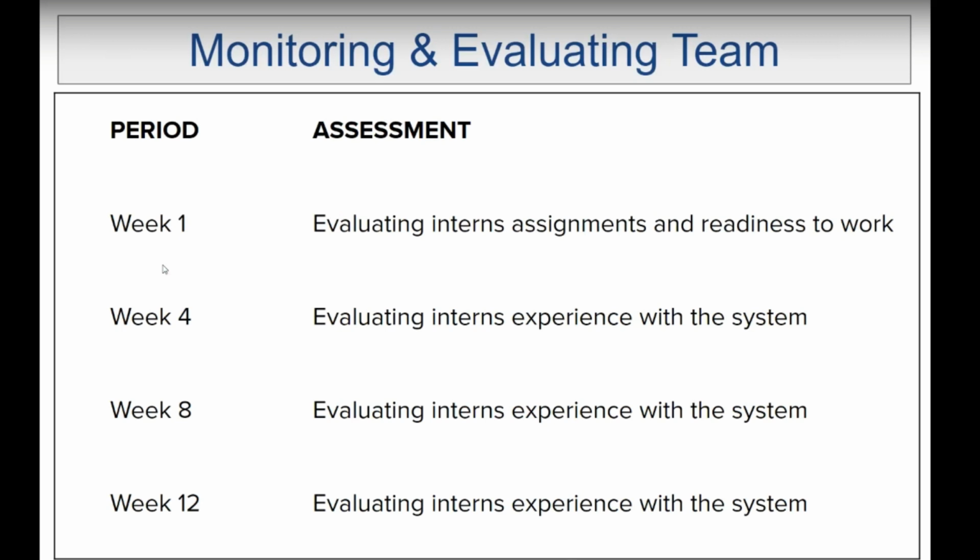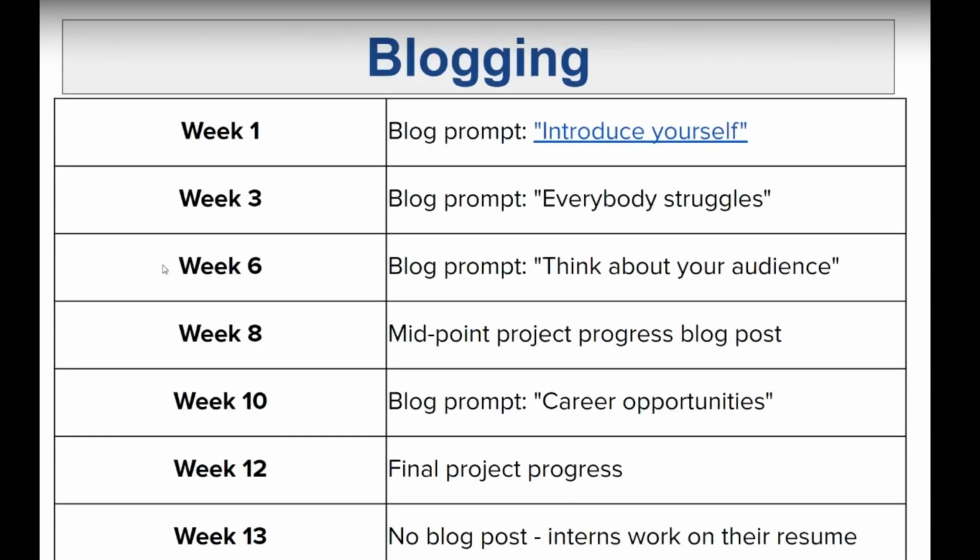We will evaluate the experiences the interns are having with the whole system, the experiences the mentors are having, and the experiences that general people have, so that we can work on it.